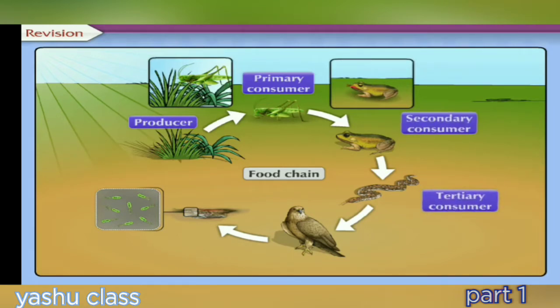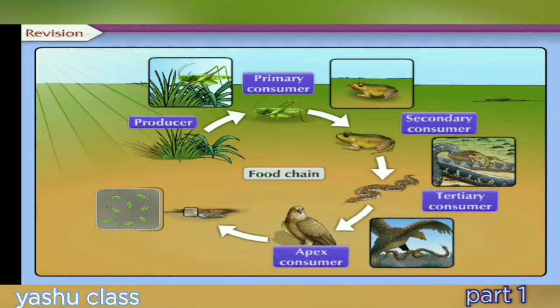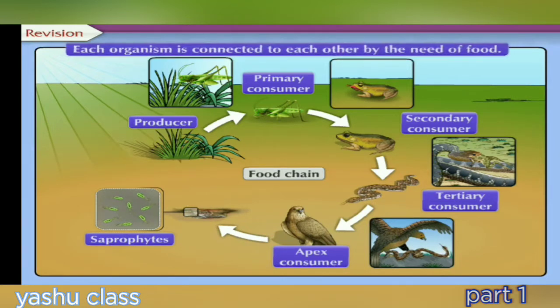The tertiary consumer of this food chain is the snake which preys on the frog. The snake is then caught and eaten by the apex consumer, that is the eagle. When this eagle dies, the saprophytes feed on it and obtain their food. In this way, each organism over here is connected to each other by the need of food.